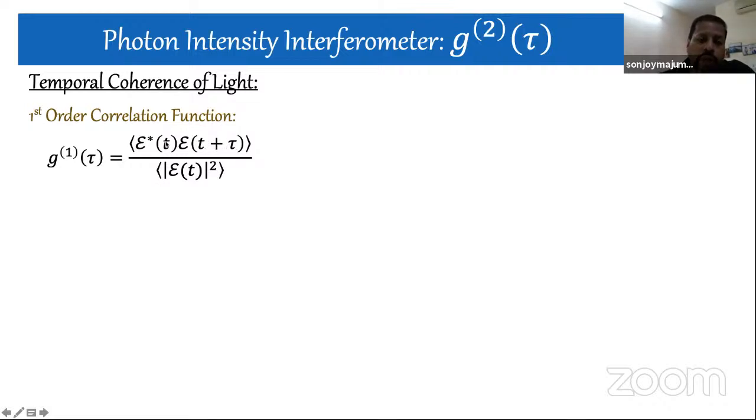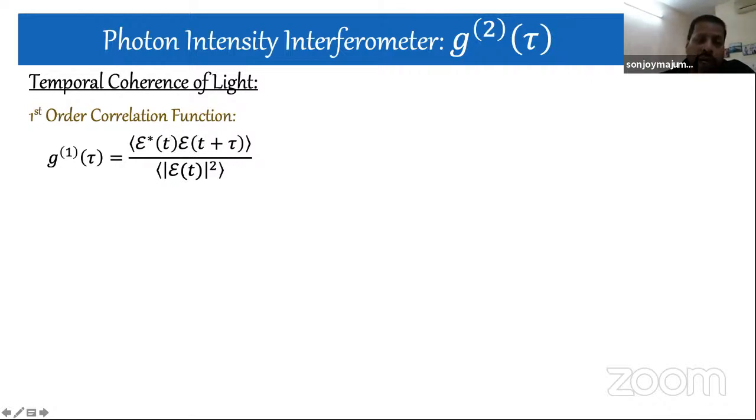You observe the amplitude of the light at t and after time tau, multiply these two amplitudes, take the time average, and normalize it.